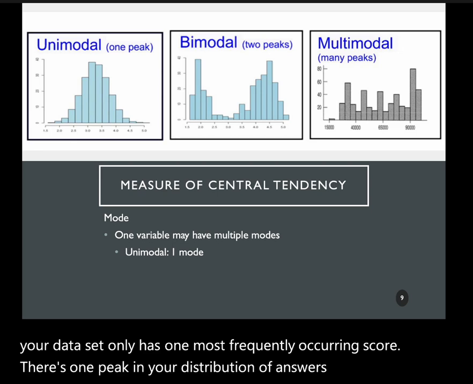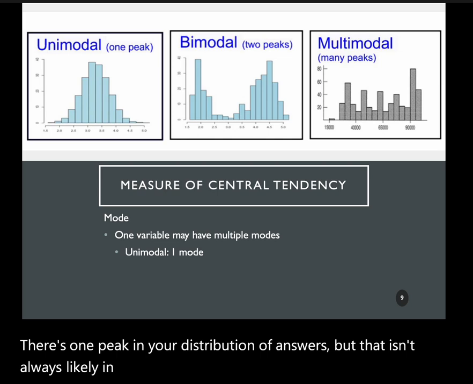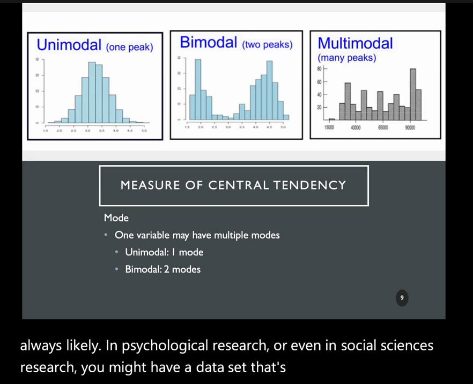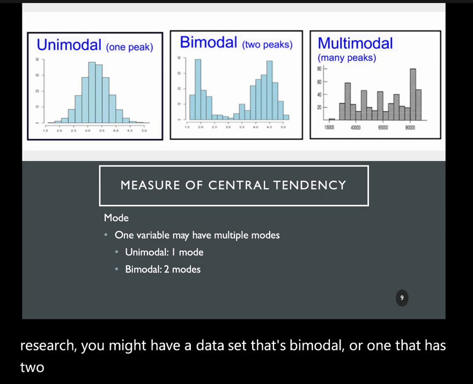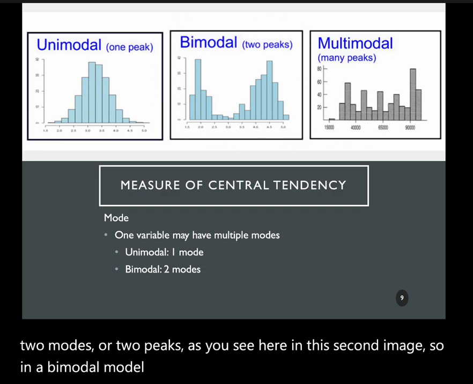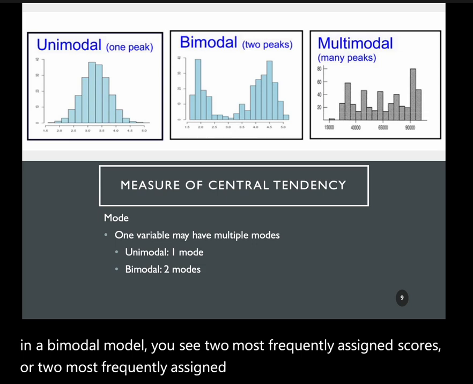But that isn't always likely in psychological research or even in social sciences research. You might have a data set that's bimodal, or one that has two modes or two peaks, as you see here in this second image. So in a bimodal model, you see two most frequently assigned scores or two most frequently assigned levels of our variable.